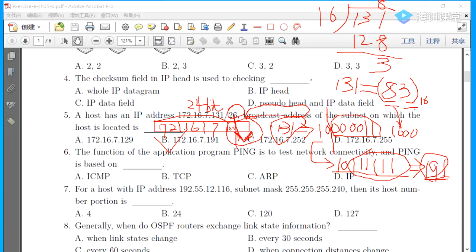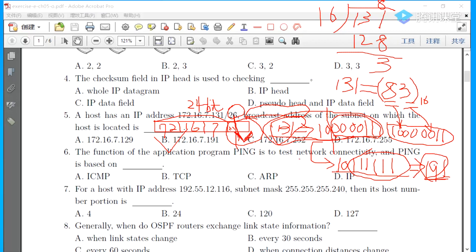Then 3 to binary notation is 0, 0, 1, 1. So 83 in hexadecimal notation turned to binary is 1, 0, 0, 0, 0, 0, 1, 1. That is why here I turned this. Do you understand?